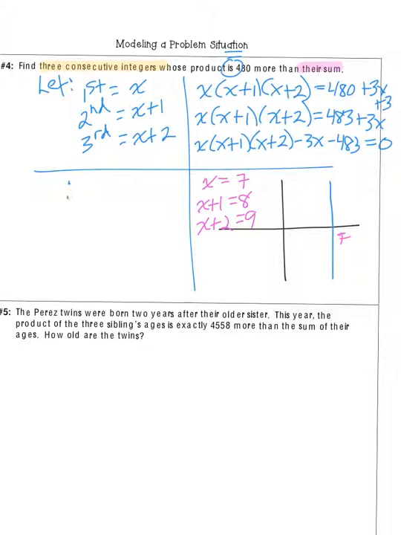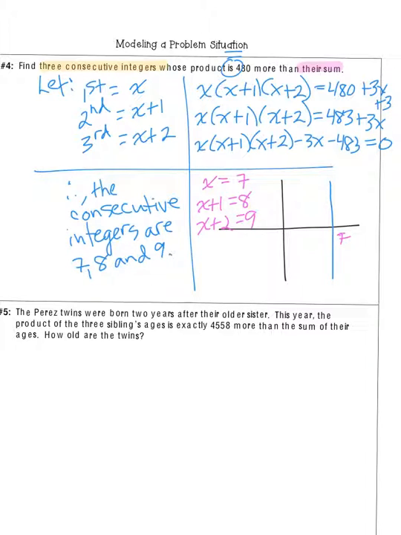So therefore, the consecutive integers are 7, 8, and 9.